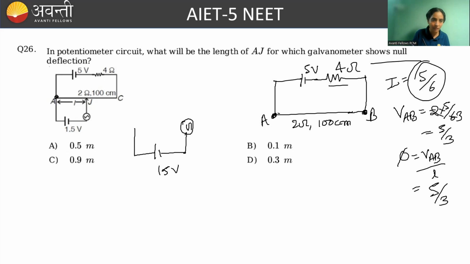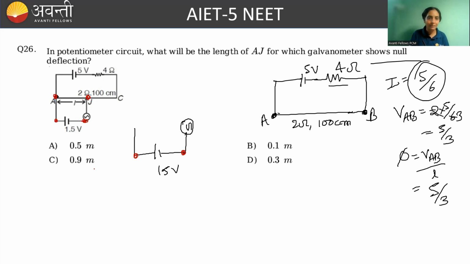It means potential difference of this AJ will be equal to that of this. No current is flowing. So potential difference across cell will be equal to its EMF, that is 1.5 volt. So potential drop on AJ is 1.5.